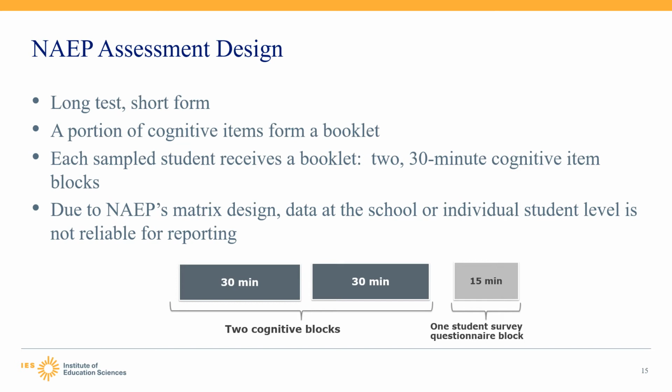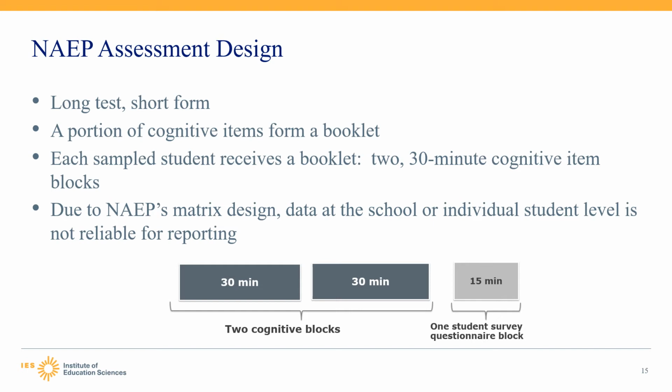Due to the NAEP's design, data at the school or individual student level is not reliable for reporting. This is because students take too few items for the data to be reliable for individuals.